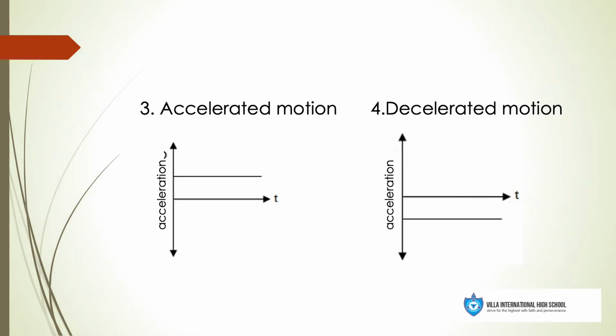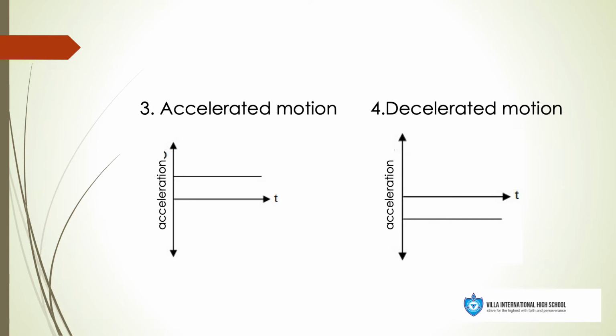Next is uniformly accelerated motion. Third one is uniformly accelerated motion. Means acceleration is a positive constant. So no gradient will be there. So we can see that. And fourth one, decelerated motion, means uniformly decelerated motion. In uniformly decelerated motion, acceleration is constant but on the negative side.